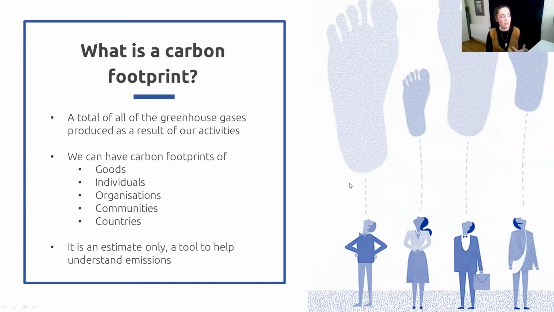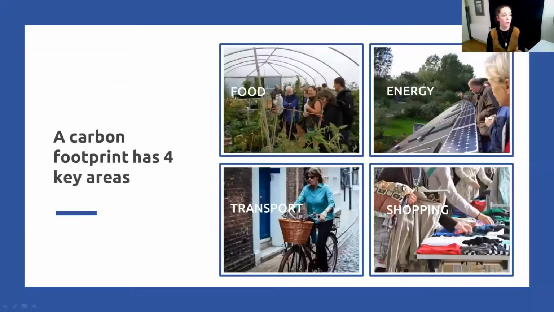The useful thing, I think, about carbon footprints is that it provides a framework to break things down in a way that enables you to take action on them. So when we look at carbon footprints for individuals, for example, we typically break it down into 4 key areas. So food, energy, transport, shopping. And these are all areas over which we have direct control.